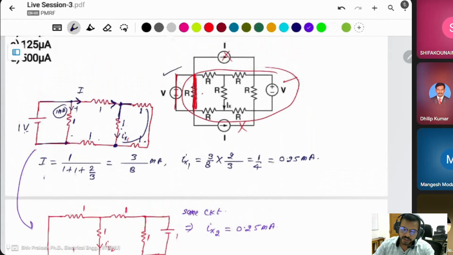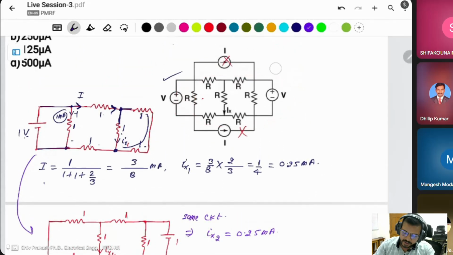Okay, two sources completed. Then what is next? We have to apply this one. Okay, the third one. Then this will be short circuited. This is short circuited means this is also short. This is short circuited, this is also short. This is removed. Then only this portion is there.